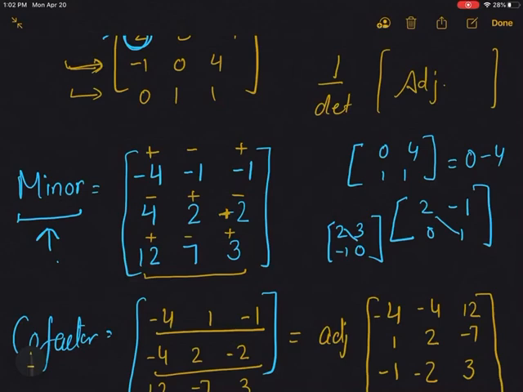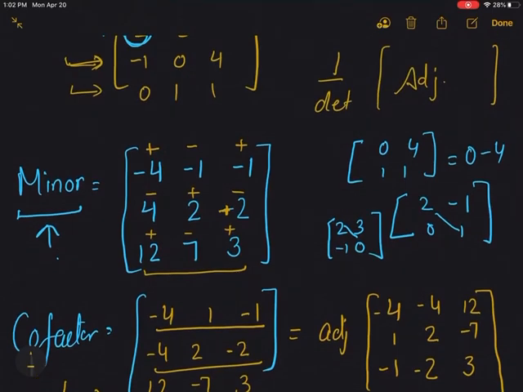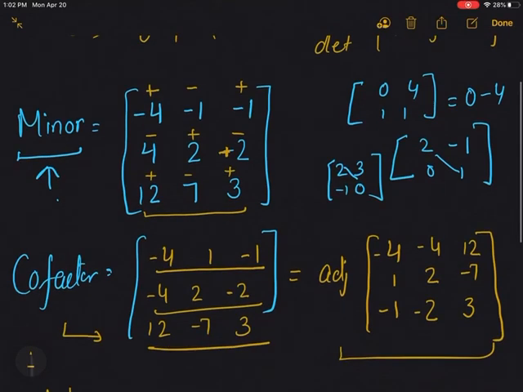But think about it, doesn't the cofactor matrix already have the sign applied to it? So how about if I take my original row and multiply by the cofactor numbers and add them all? Because I already applied the sign pattern in the second step, it's going to be the same thing. So whichever way is easier for you, just do that. But don't forget, if you take minors, follow the sign pattern. If you take cofactors, just add them all.